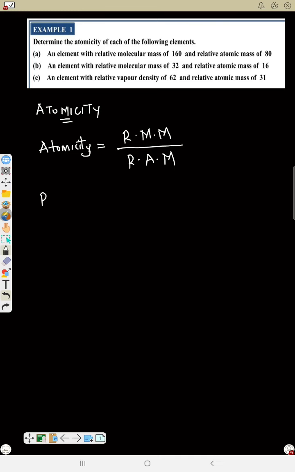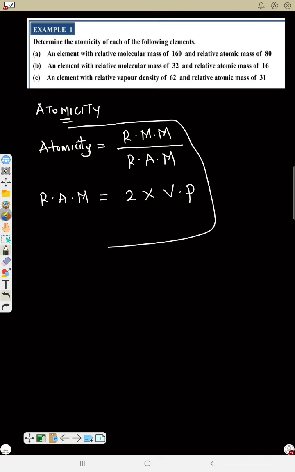Now, note that relative molecular mass is equal to 2 times vapor density, where VD means vapor density. So just note this formula under atomicity.